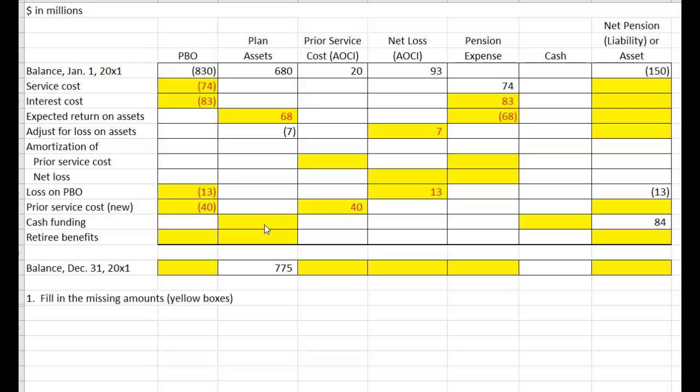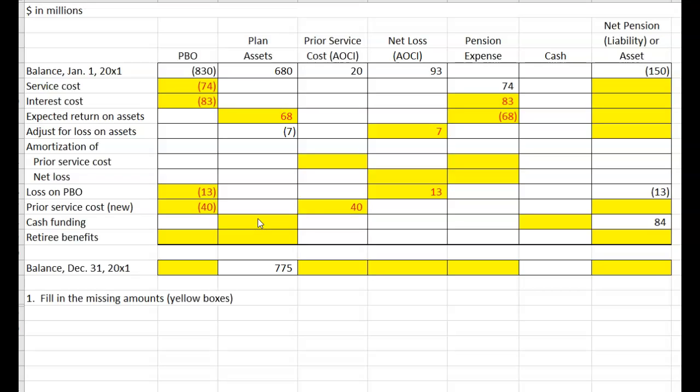And money is used from the cash of the company. The company literally writes a check to the pension plan, gives that check to the trustee who deposits it into the plan, and then the funds become available as part of the plan assets.